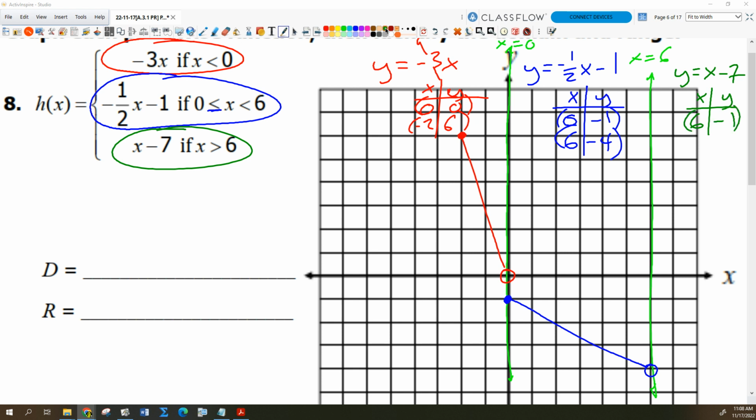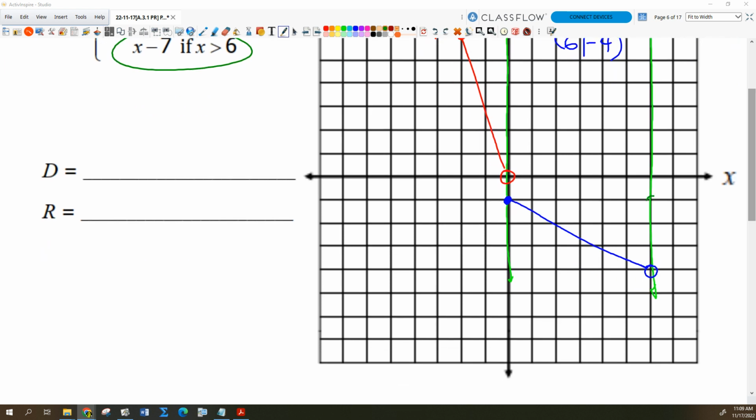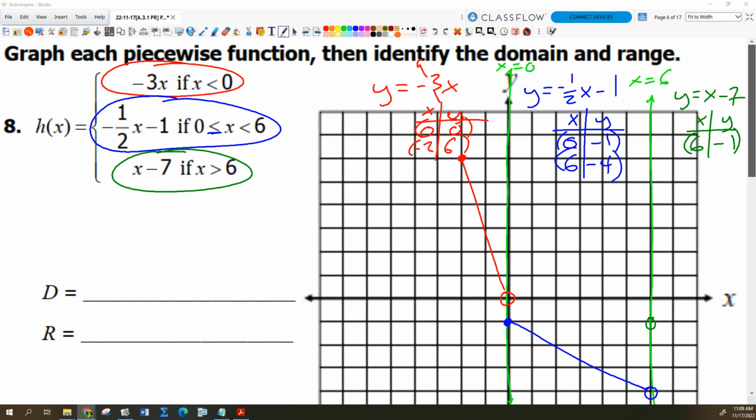Everybody, open or closed? Look at the piecewise function. Open. Yeah, because look, the green domain does not include 6. It's just the edge of it, right? But it doesn't include 6. So we've got 6, -1, an open endpoint, and then we need one more.